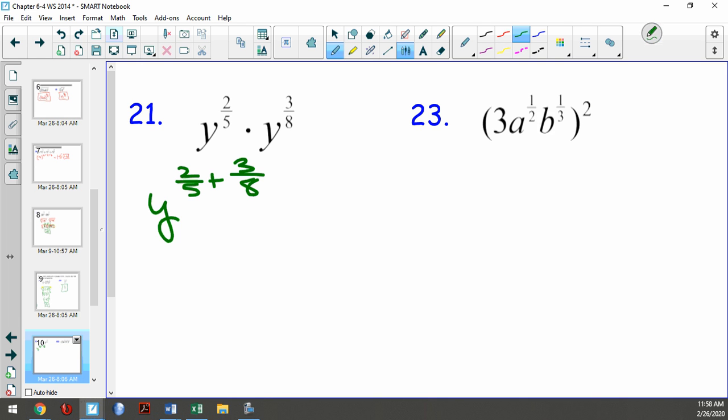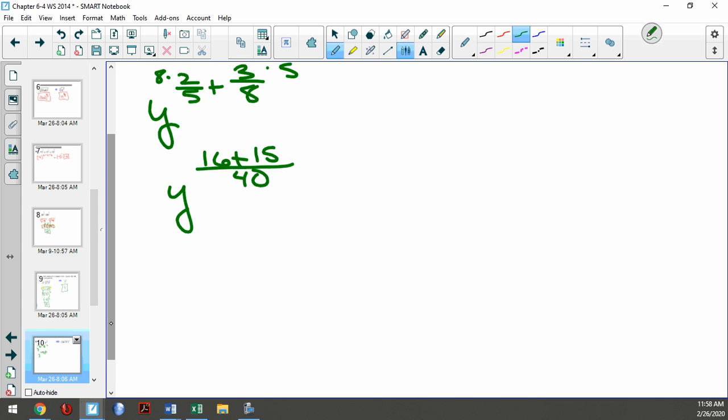So you're multiplying this by 8. What are you going to multiply 3 by? So 8 times 2 plus 3 times 5 over 40 gives me 31 over 40. Do I expect you to be able to do that? No, just type it in the calculator. You'll be able to punch out 31 over 40.